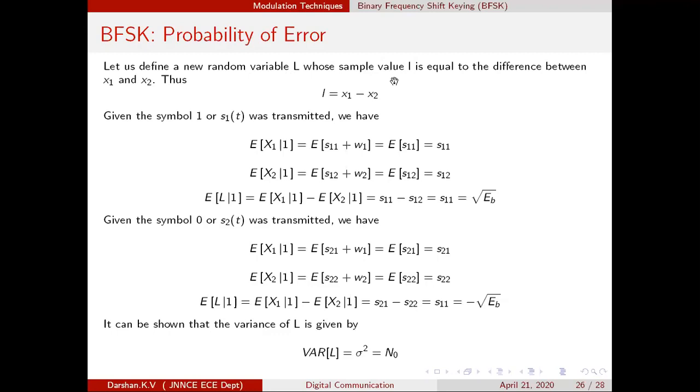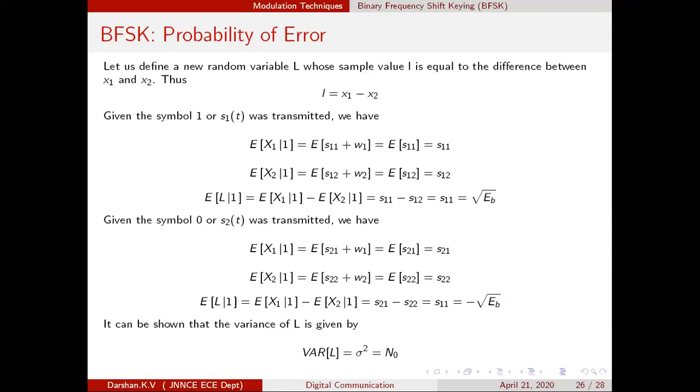Now in your hand, you have three random quantities, x1, x2 and L. x1 minus x2 would either be greater than 0 or less than 0. Therefore, L can take both negative values and positive values. That's all we can understand from this.